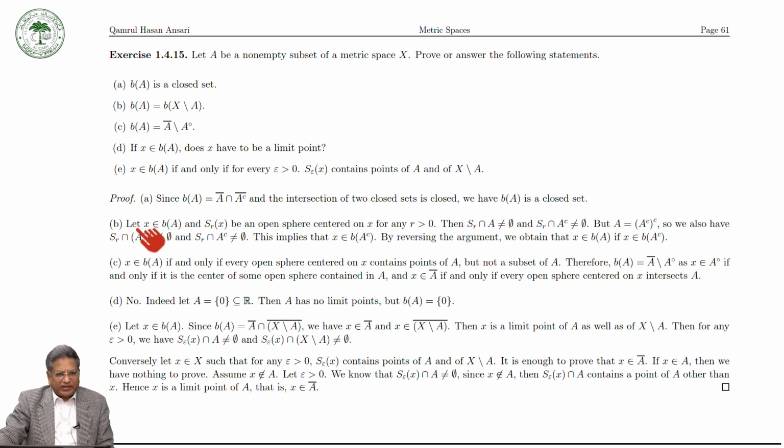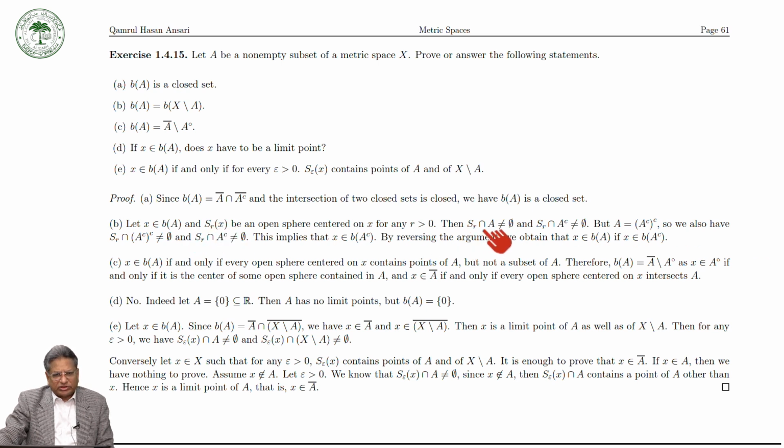X is a boundary point of A, then X is the center of an open sphere for any radius r greater than 0. Then you can see that the ball S_r(X) intersection A is non-empty. Because this is a boundary point, any open sphere with center at X must intersect A and its complement.